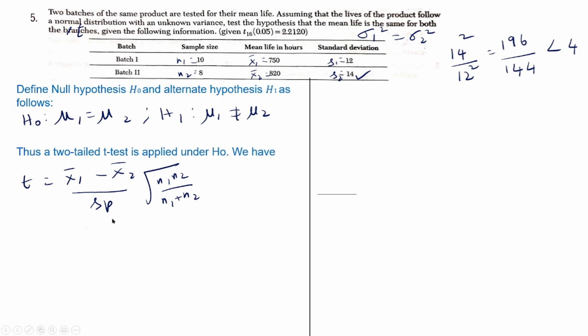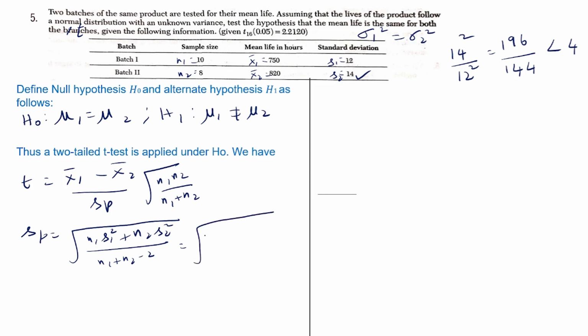Now let us find sp first and then let us find t. So sp is equal to root of n1 s1 square plus n2 s2 square upon n1 plus n2 minus 2.